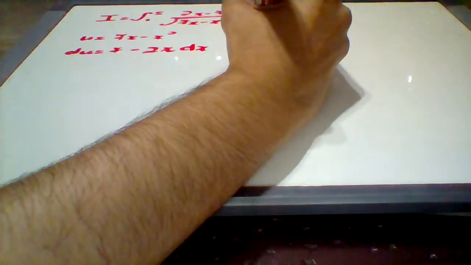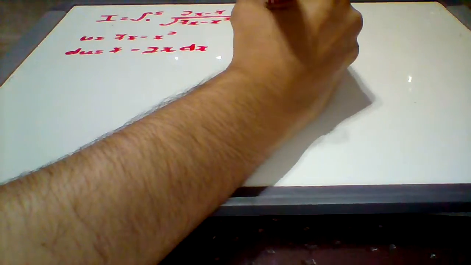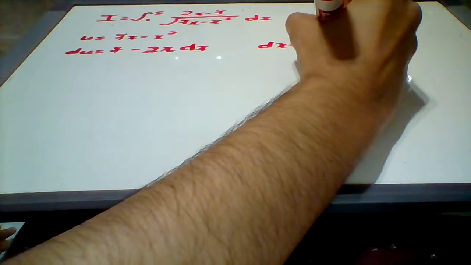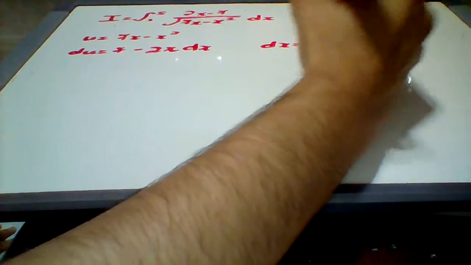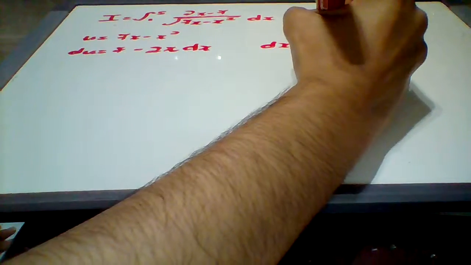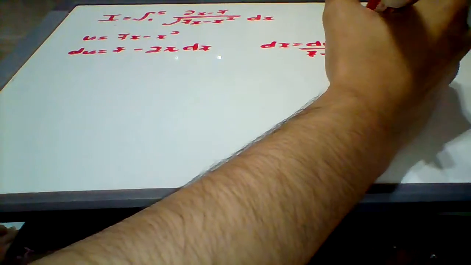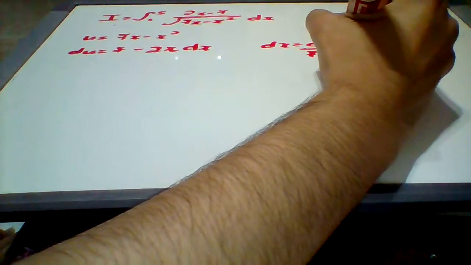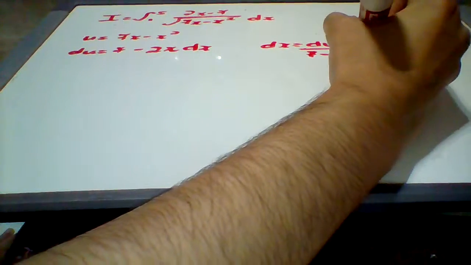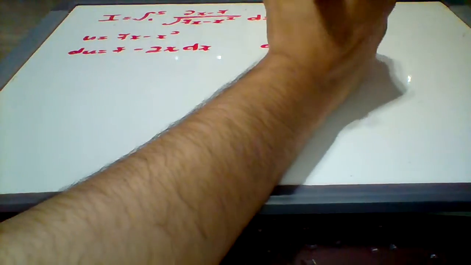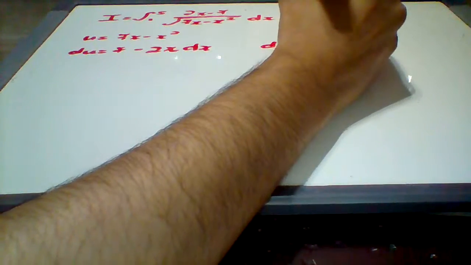dx, and then you define dx by just simply solving for it, in this case it's du all over 7 minus 2x. And you could solve for x. I don't think we need it in this case.